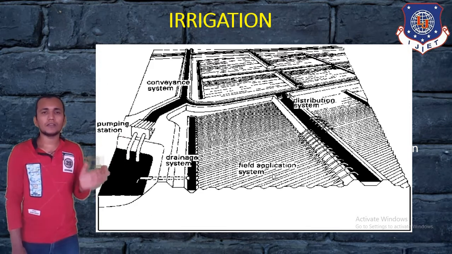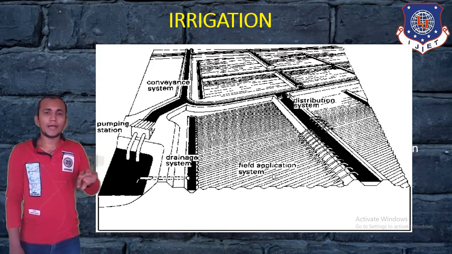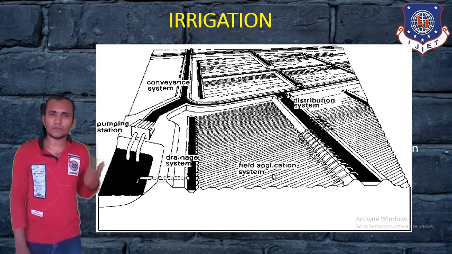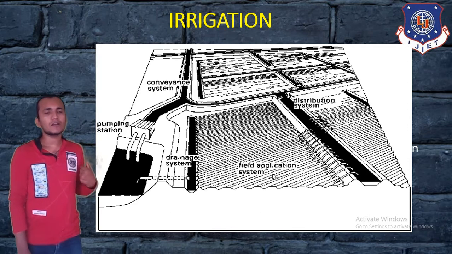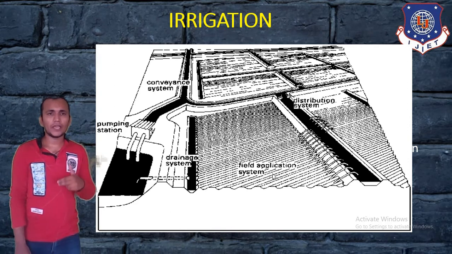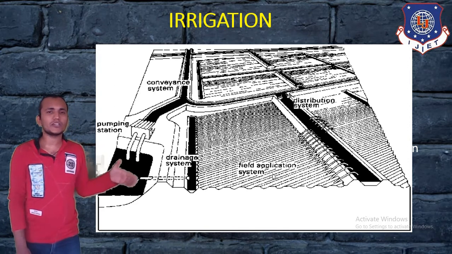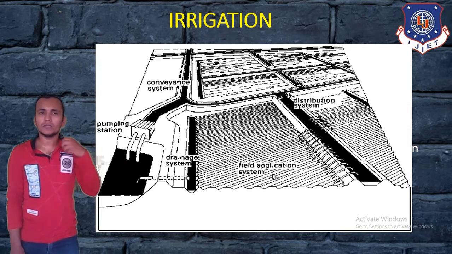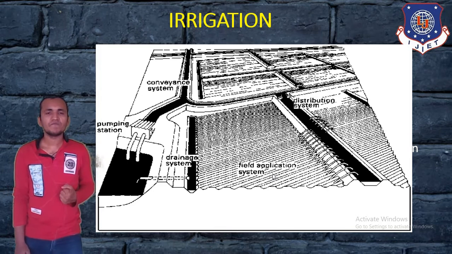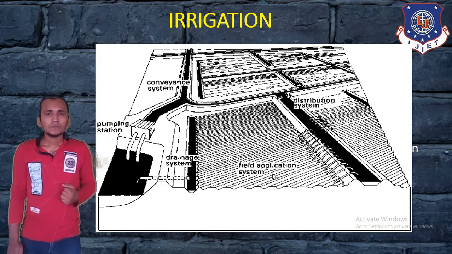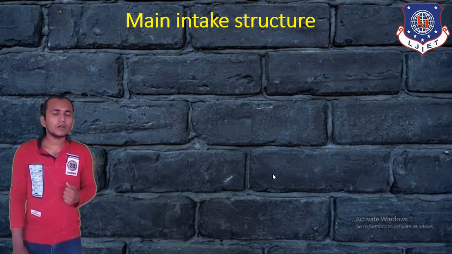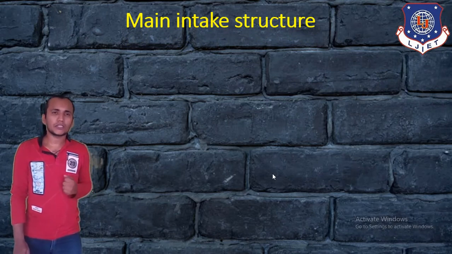Here you can see the field application system, and the excess water is drained back to our main intake system. So that is the main picture of the irrigation system, and we will try to explain how irrigation management is done. Now the first block is the main intake structure.